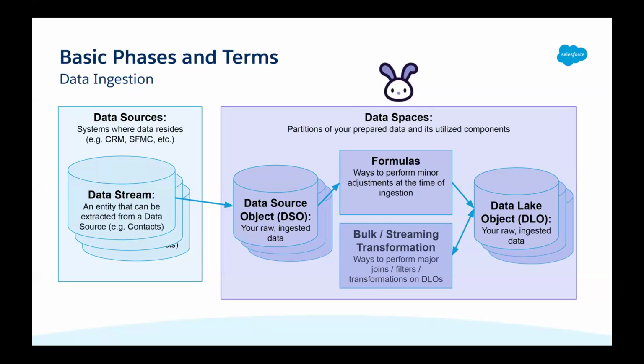Perhaps it's based on geography or office location, or maybe the environment, like having a staging environment and production environment. For those of you with Marketing Cloud experience, think of it as similar to the partitioning that business units provide for data extensions, and more.